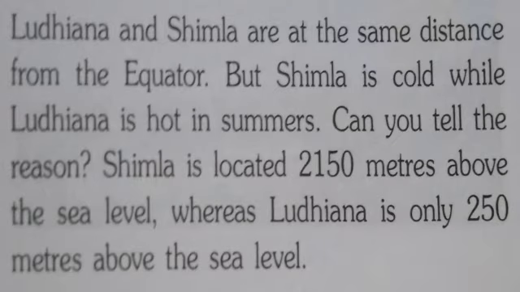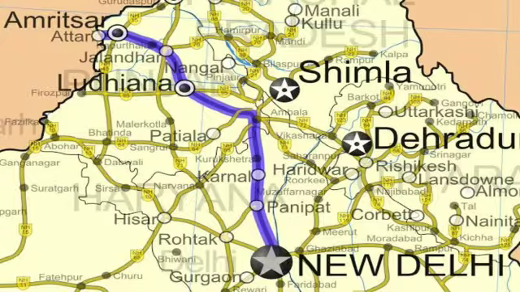Ludhiana and Shimla are at the same distance from the equator. Dear children, you can see in this map Ludhiana. Here is Ludhiana and here is Shimla, and you can see they are at equal distance from the equator. The first point we had read was that the distance from the equator also decides the heat of a particular part of the earth.